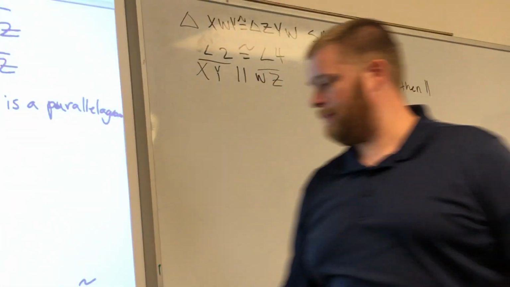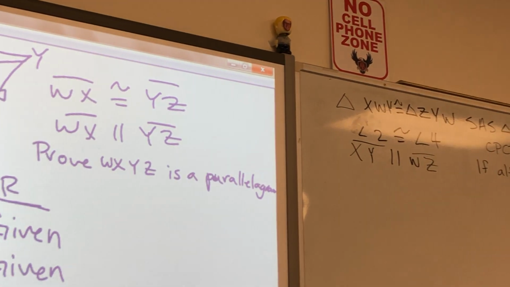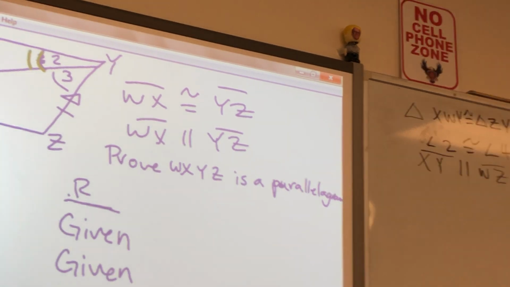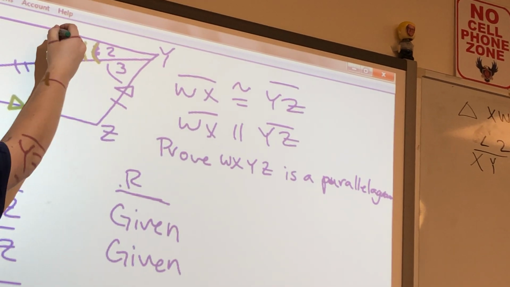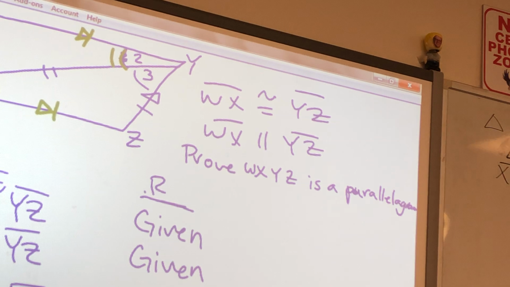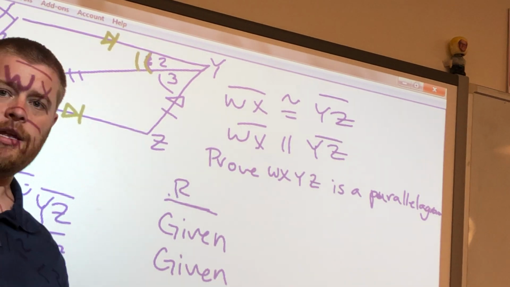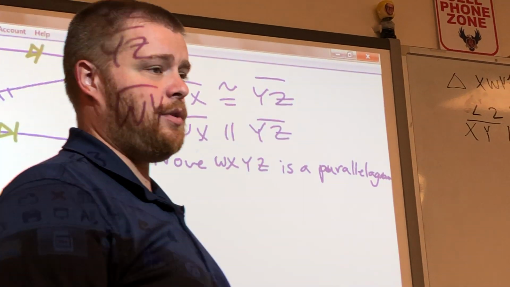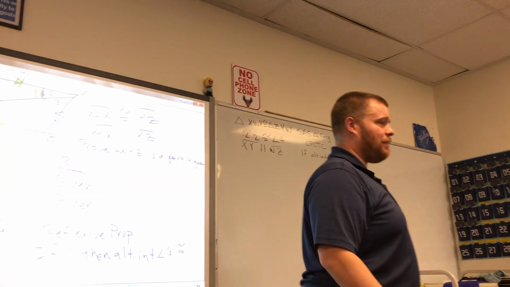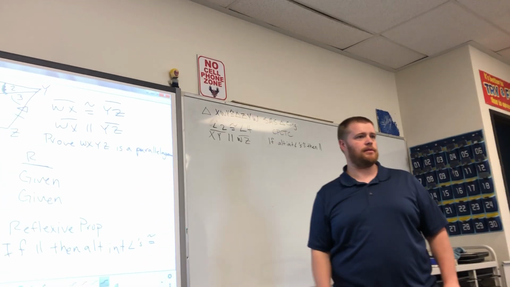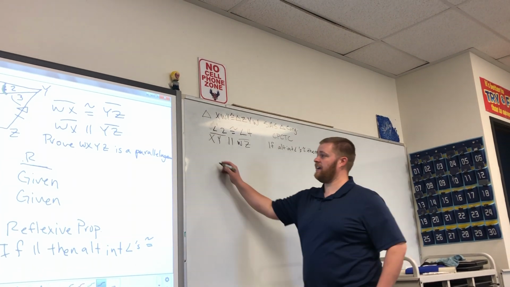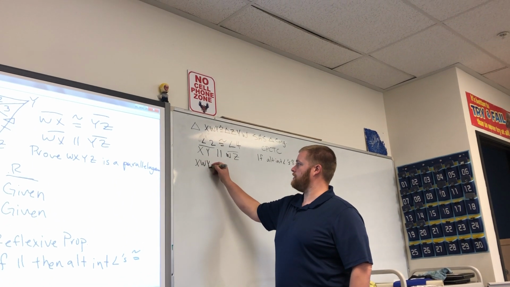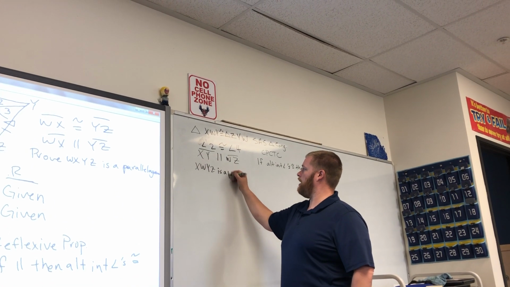So that means now I could come here and mark these, and now I can mark parallel here and here. Now we've got two sets of parallel lines, right? And if I have two sets of parallel lines, what do I know this shape is? Parallelogram. So now I can say XWYZ is a parallelogram.